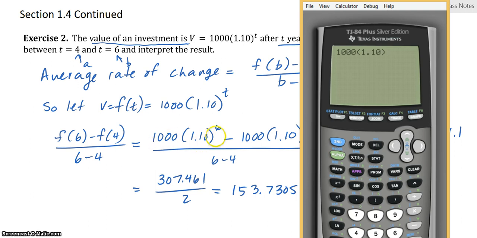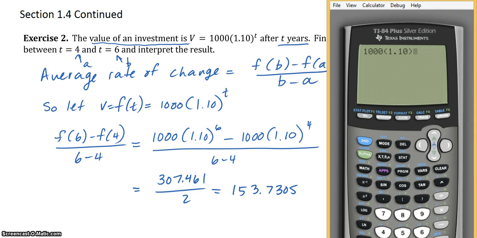You could also do this straight on your calculator without these steps. I'm just going to plug in 1,000 times parentheses 1.10, and then raise it. I'll use the caret to raise and write a 6. Then I press the right arrow to get out of the exponent, press minus, and do it again. You have to be careful here.